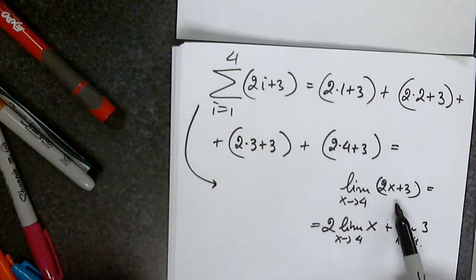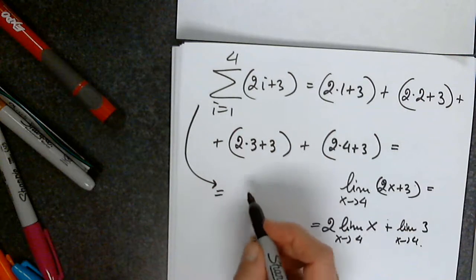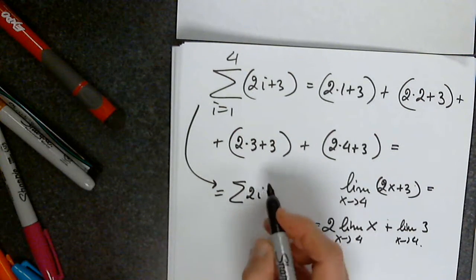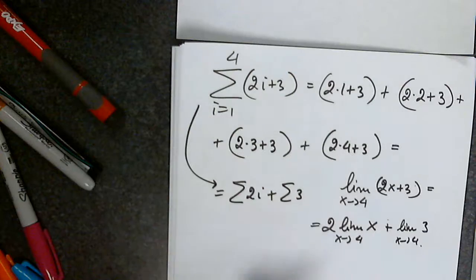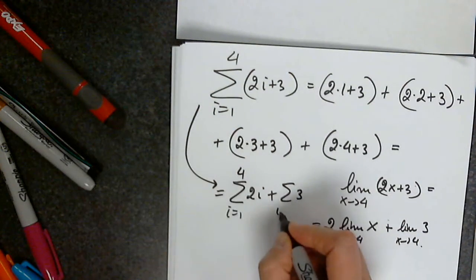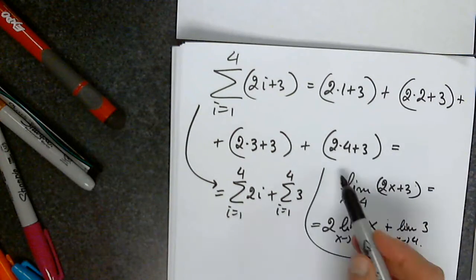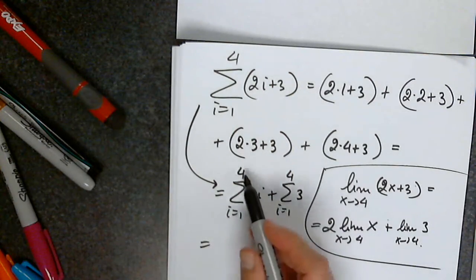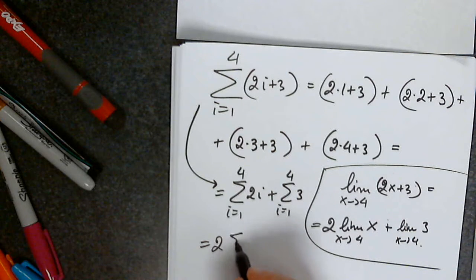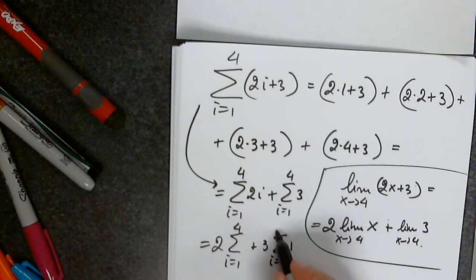So I can separate it in the same way here with the summation notation. So this is the same with the sum of 2i plus the sum of 3 from I equals 1 through 4, from I equals 1 through 4. And then I can put the factor in front, 2, the sum from I equals 1 through 4, plus 3 times the sum of 1 from I equals 1 through 4.